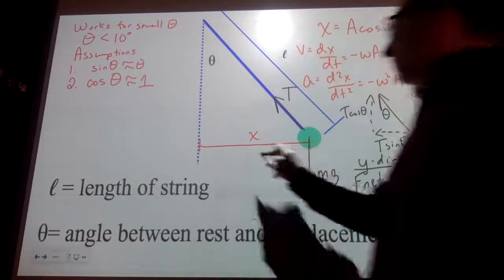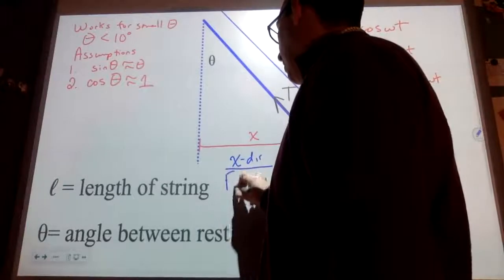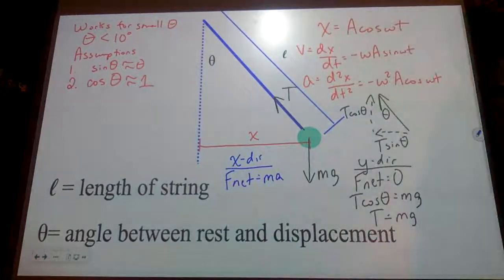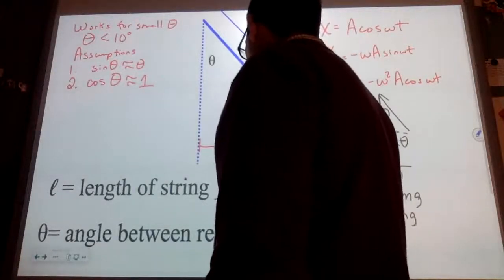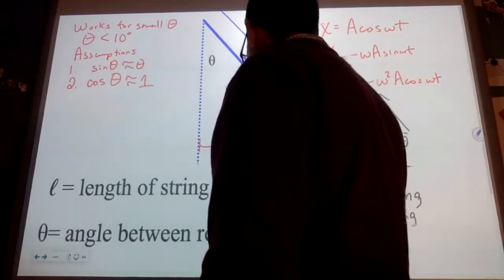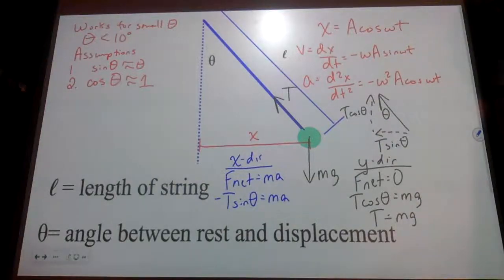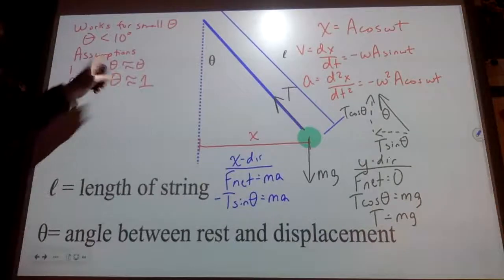In the x direction, we are accelerating. And our acceleration is going to be given by t sine of theta. So I know that t sine of theta is equal to ma. Now I also know that sine of theta is essentially theta.